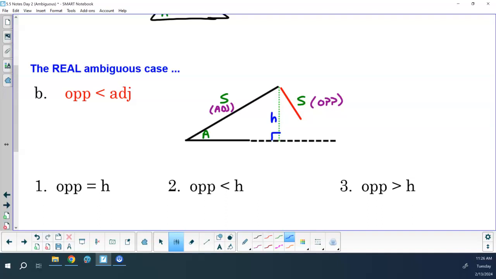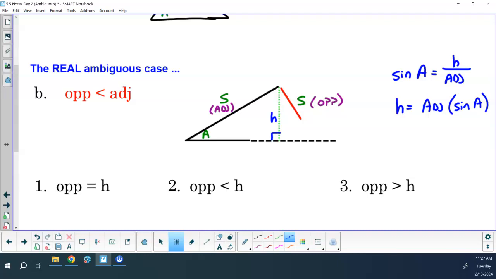So for the height of my triangle, I can use the sine of the angle that's given, is the height of the triangle divided by the adjacent side, because that's the hypotenuse of this mini triangle. So the height of my triangle is going to be the adjacent side times the sine of my given angle, always. Okay? So I figured that out first.